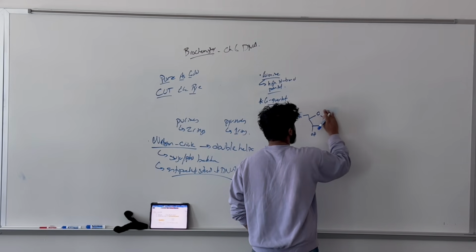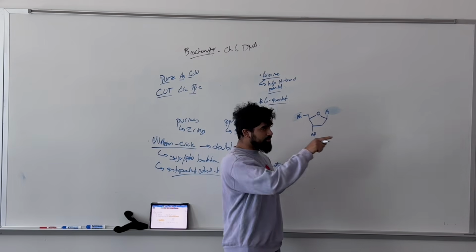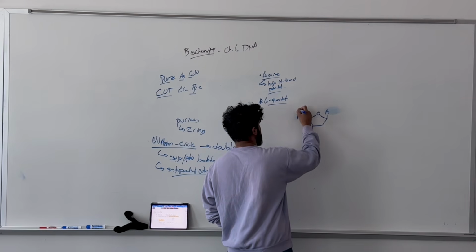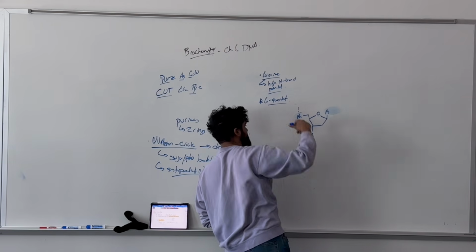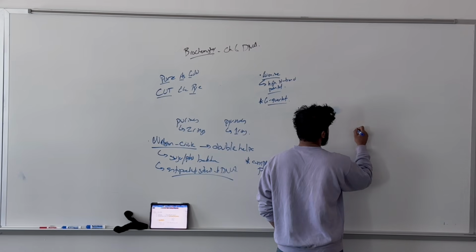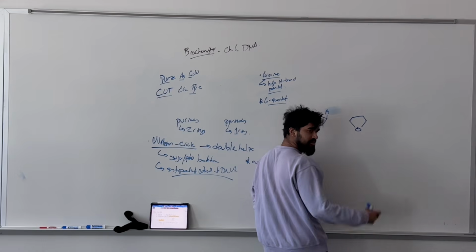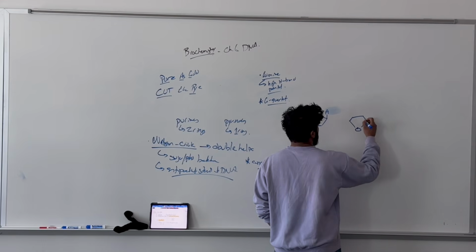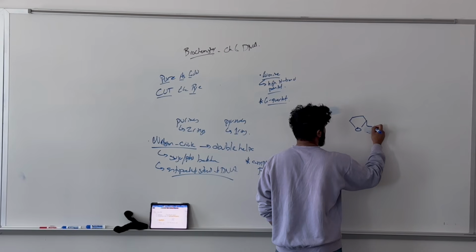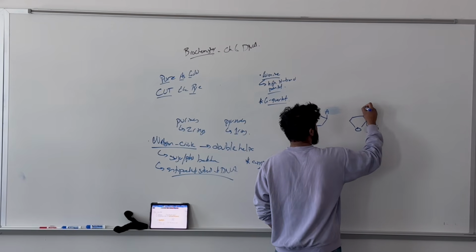Let's say that your base is A. On the opposite end of this, when this O connects this way to the next thing, and this phosphate connects that way to the next thing, what you're going to have is the same thing, but upside down. Where the 5' is now here, which is going to connect off that way. And the 3' is here, which is going to connect off that way.